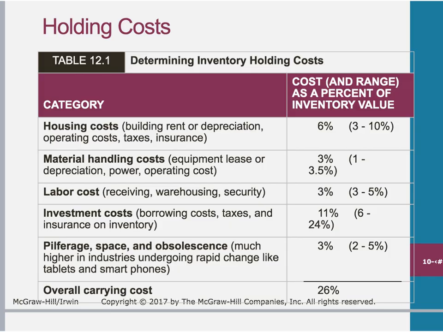So you have the labor costs of staff in the warehouse, the material costs, the housing costs, the investment, like if you had to borrow money to buy inventory, the risk of theft, the risk of it going obsolete, and all of that added up, average carrying costs or holding costs is about 26%.